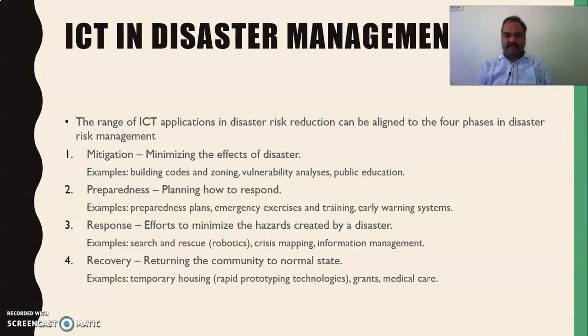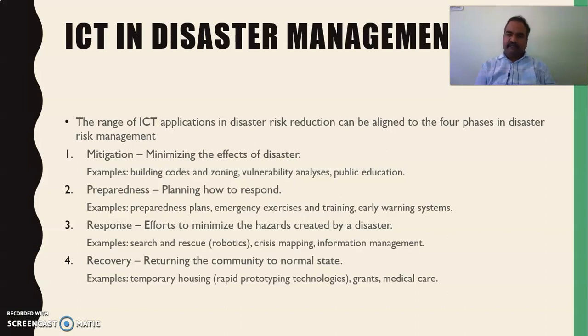We will see the first one, the mitigation phase. It is nothing but minimizing the effects of the disaster before onset. A few examples of ICT applications in the mitigation phase are development of building codes and zoning, and educating the people.